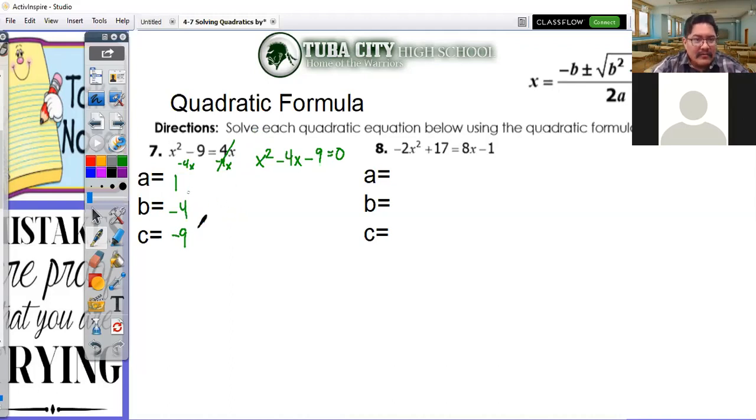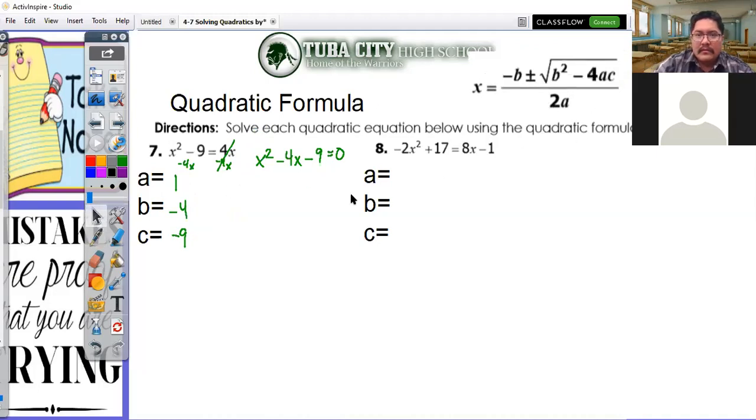Okay, now I think we're ready to set it up. So -b, so let's go ahead and get -b. Now, again, there's a negative here and a negative on the 4. So I'm going to skip a step and just go straight to 4.